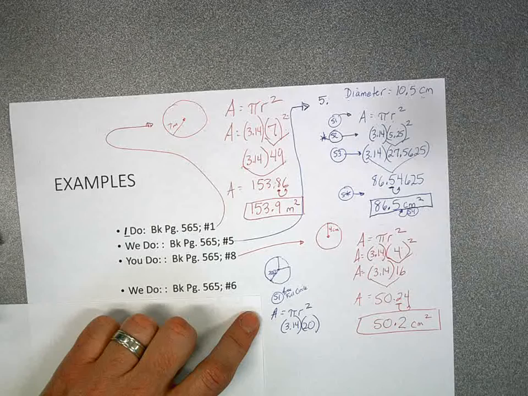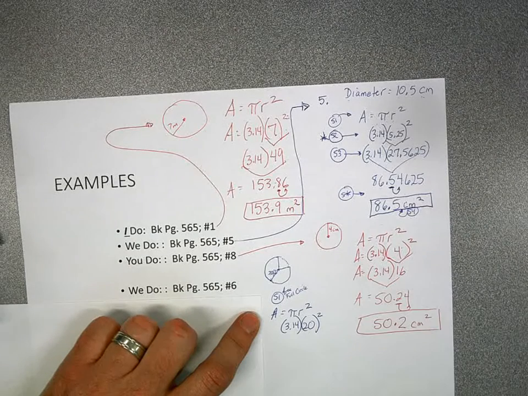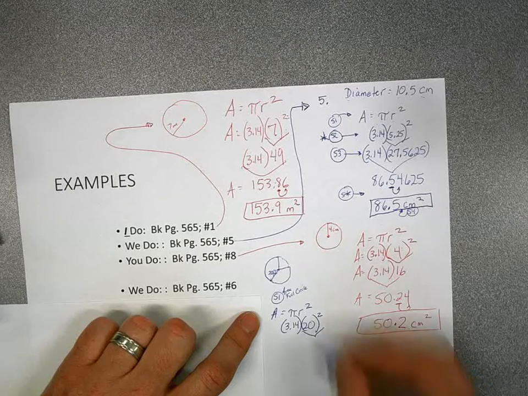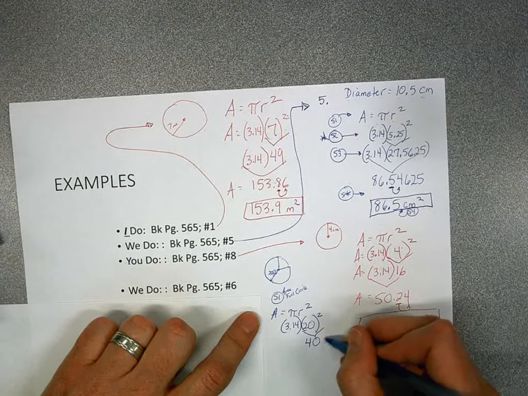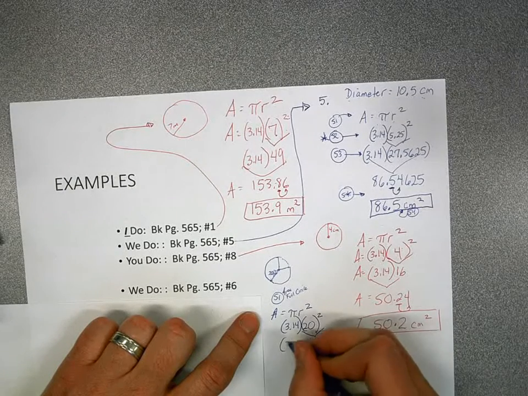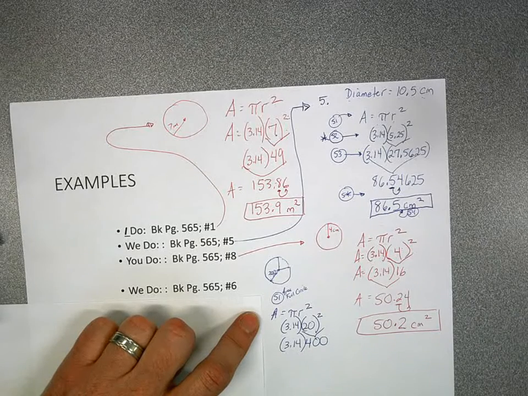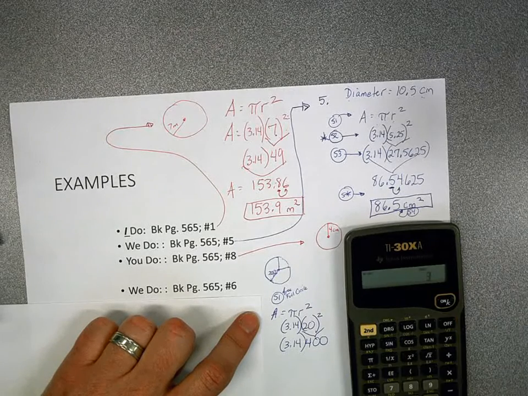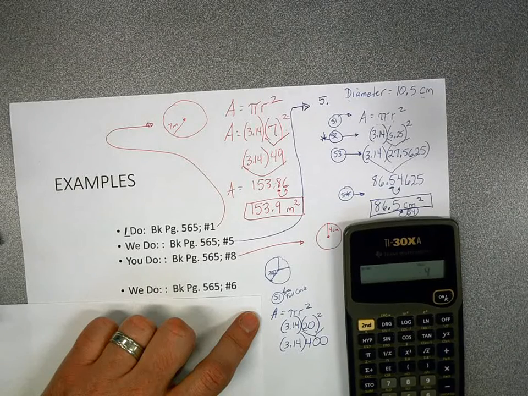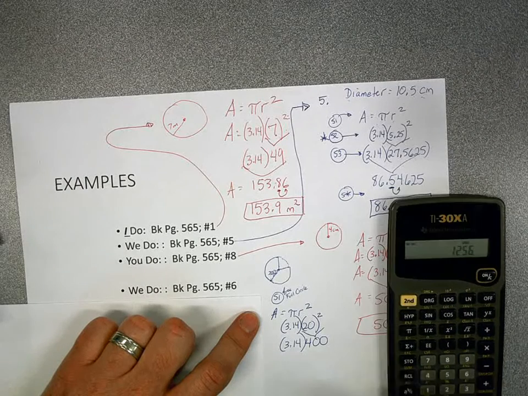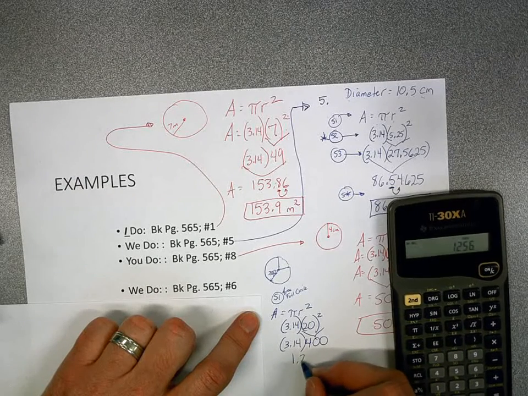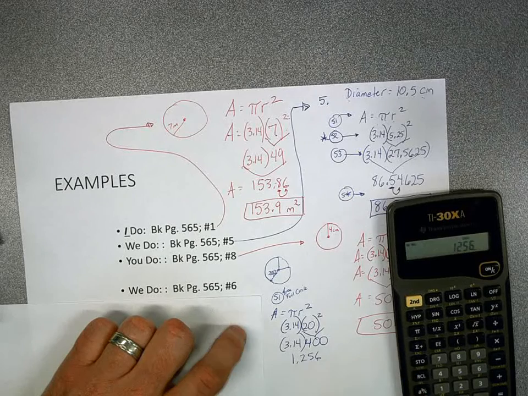It's that little arrow they drew. 20 squared, of course, is 4 with 2 zeros, 400, times 3.14. Go ahead and grab the calculator. 3.14 times 400 equals 1,256.